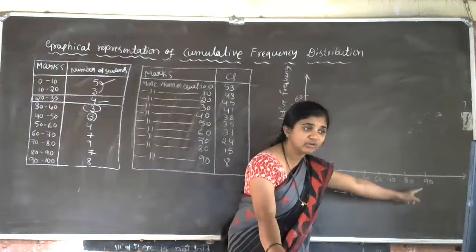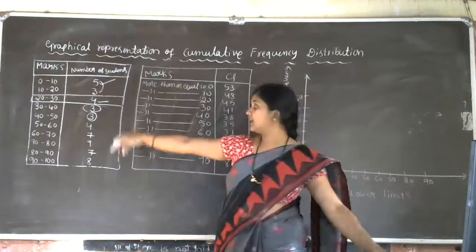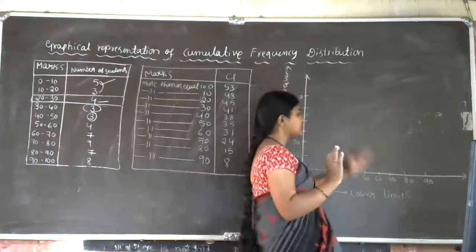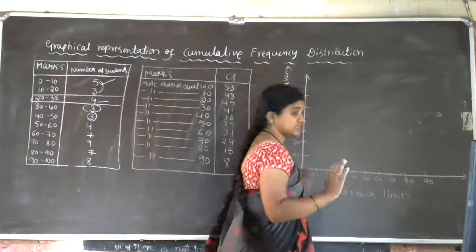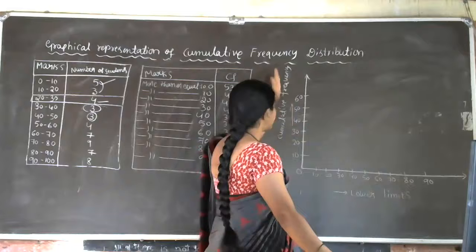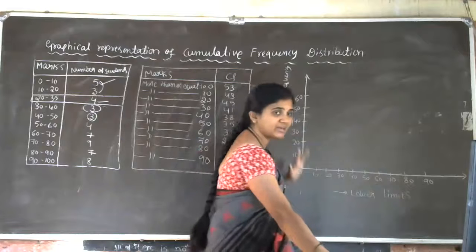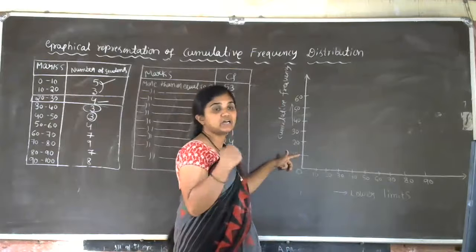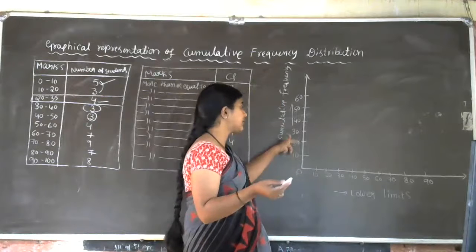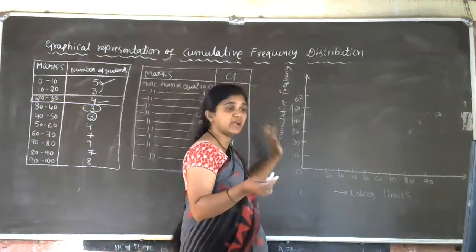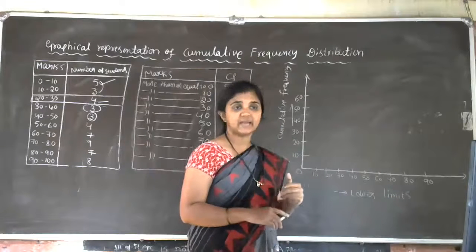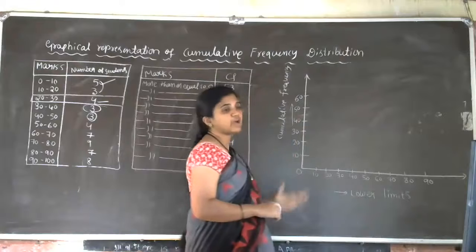We are ending at 90 because among the lower limits, 90 is the last. So the lower limits are on the horizontal line and the cumulative frequency on the vertical line. Here also we are maintaining the cumulative frequency scale 0, 10, 20, 30, 40, 50. We are maintaining the same scale for the more than type as for the less than type. Now we have to draw the graph.